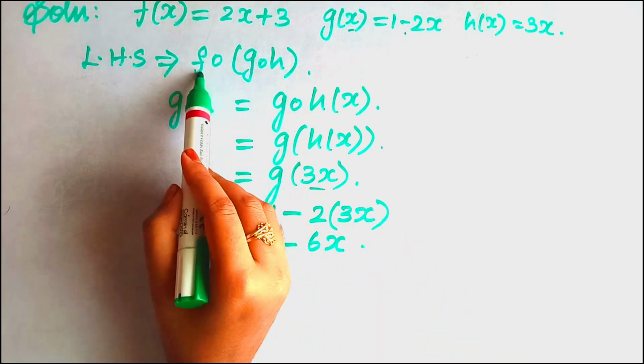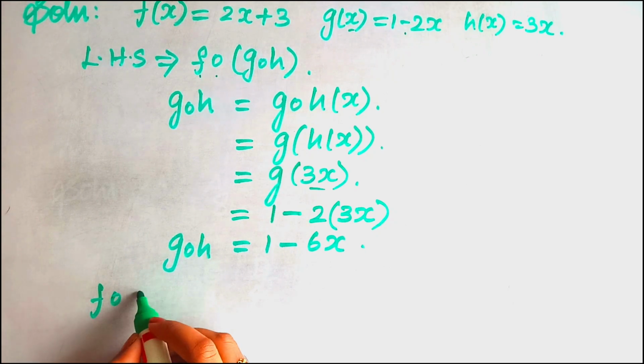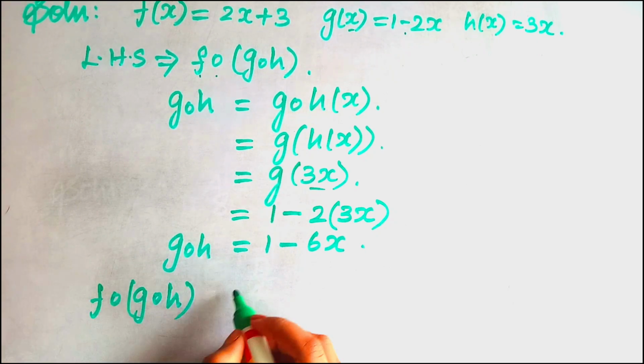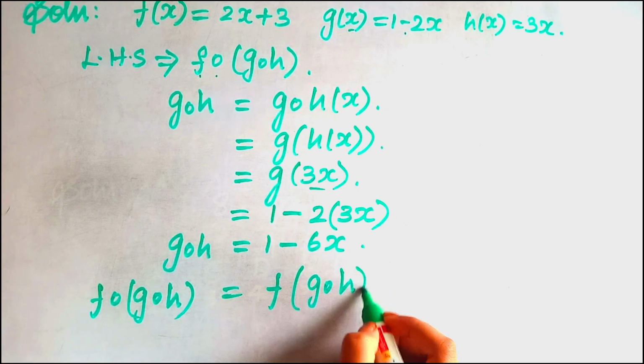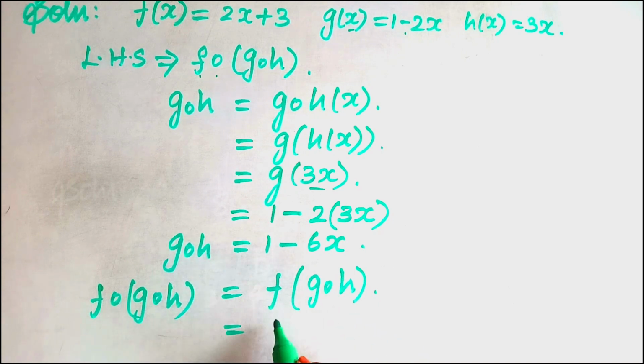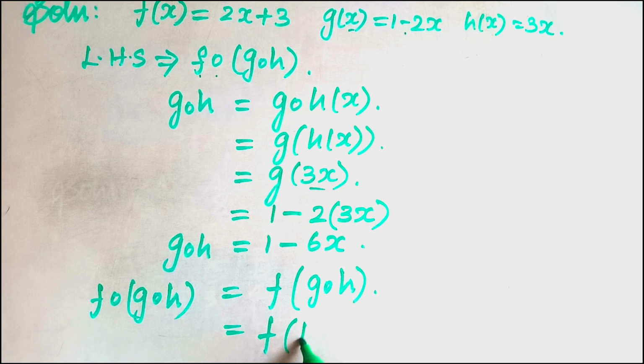Now we have to find f∘(g∘h). For finding f∘(g∘h), by the definition you can say that f of g∘h. So here f of, we know that g∘h is 1 minus 6x, right?